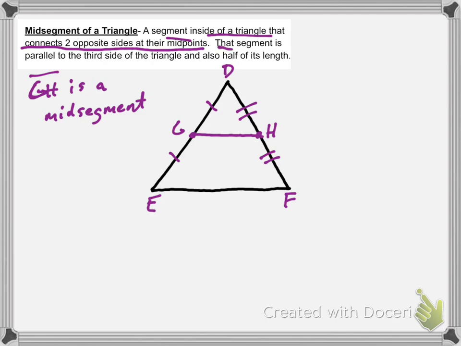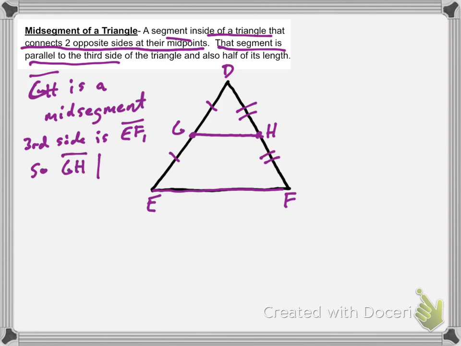Now, it says that segment is parallel to the third side. So, in this situation, the third side is EF. So, GH, the midsegment, is parallel to the third side, EF. Now, it's also half its length.